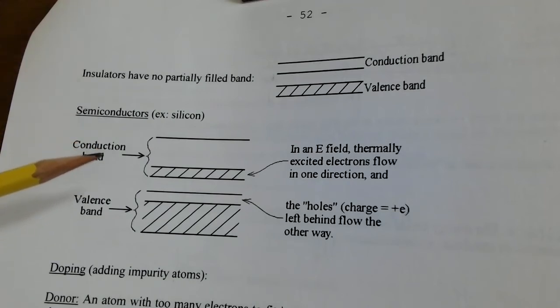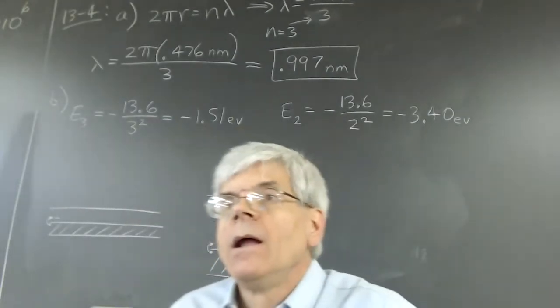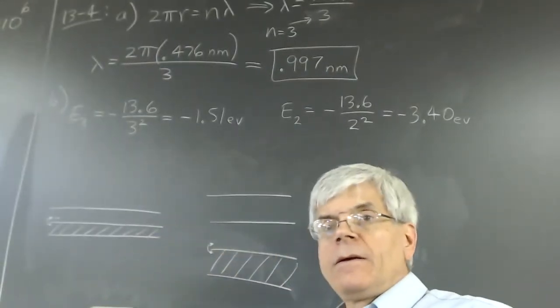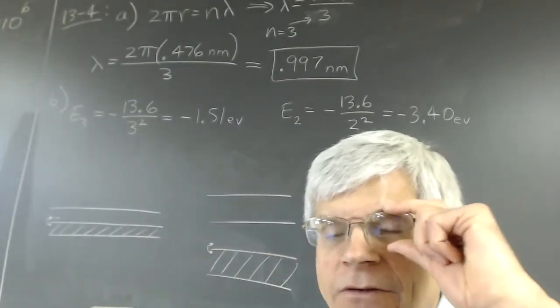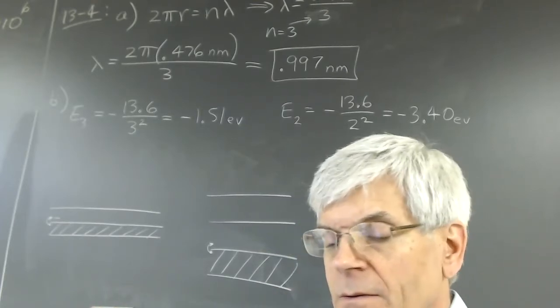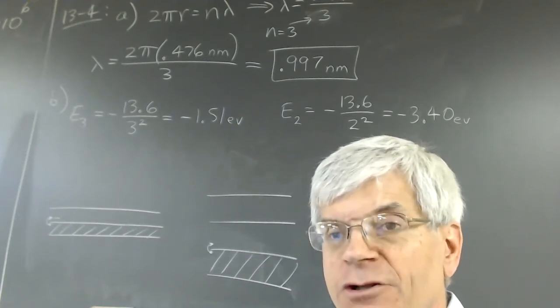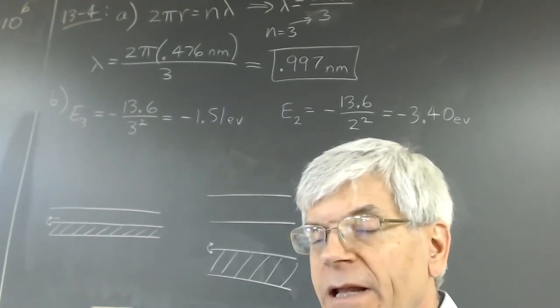Actually, there's more to the story than just these free electrons that have jumped up into the conduction band. There's also the so-called holes that were left behind down in the valence band. So that story goes like this. In the case of silicon, there are 4 valence electrons. The outermost electrons are the ones that do everything. They form chemical bonds. The ones in the inner shells just kind of go along for the ride and never do anything.